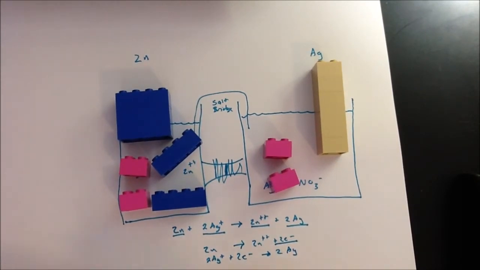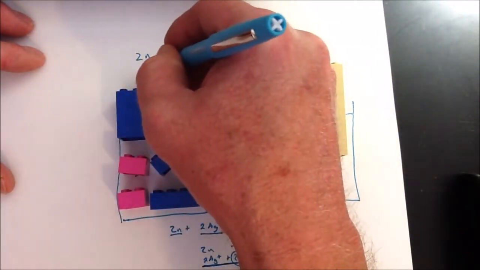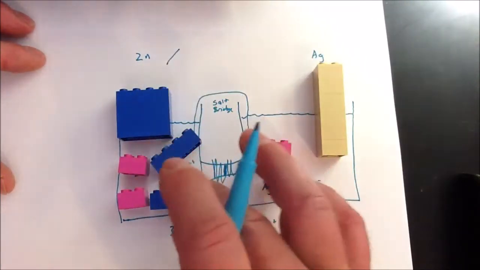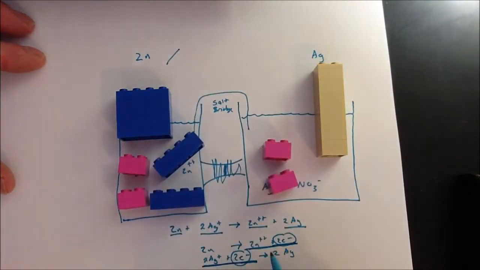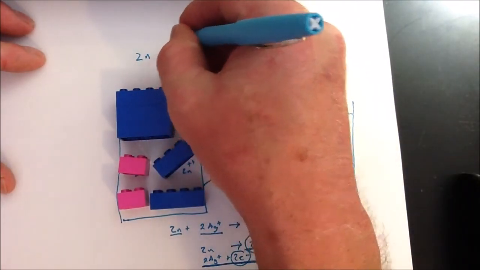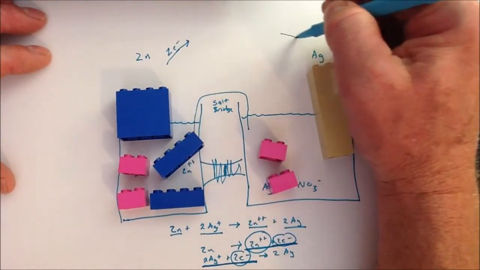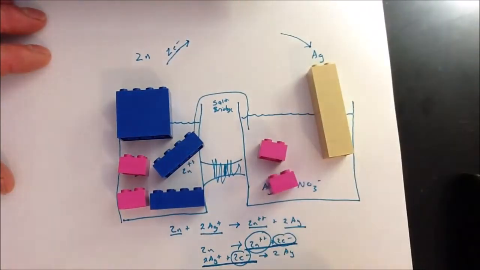All right, so it looks something like that. And again, that's my balanced half reaction. The electrons here are going to be produced over here by the zinc. So when that zinc breaks down and goes into ion form, there's going to be 2 electrons, and we're going to send those 2 electrons over to the silver.